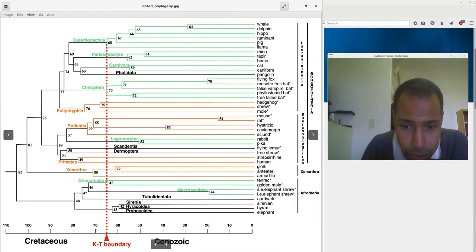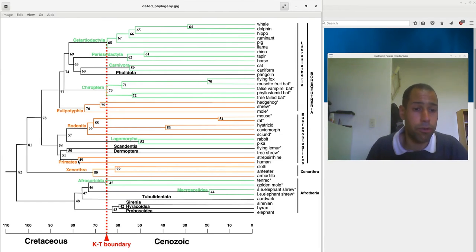Okay, and for humans, here in the primates, we have this type of monkey, and we see that we diverged longer ago, okay? Like around 78 million years ago was the speciation time, the time in which we formed only one species.